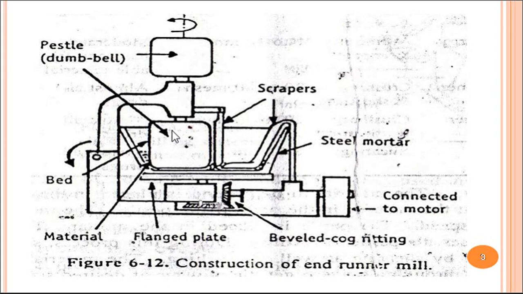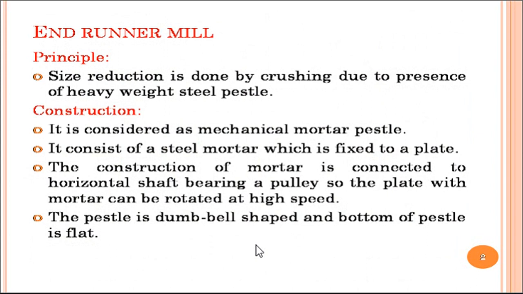When the materials are fed inside this chamber, they come in contact with the wall of this steel motor, and the piston causes the crushing, which we can call attrition, and causes the size reduction of most of the particles or material fed into the bed.